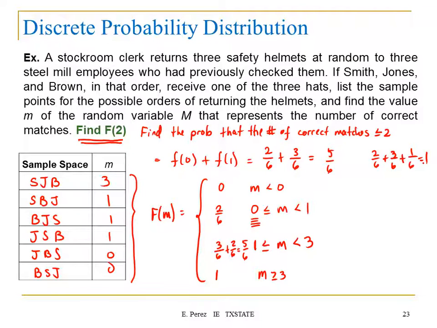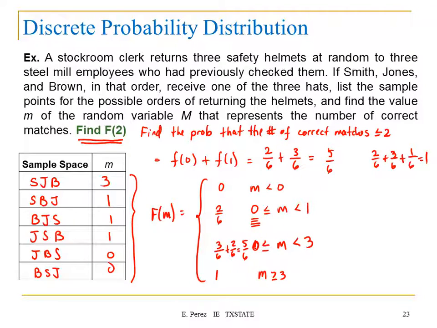Yes, sir. This one? Yes, you're right. Thank you. Because we are looking at the cumulative.